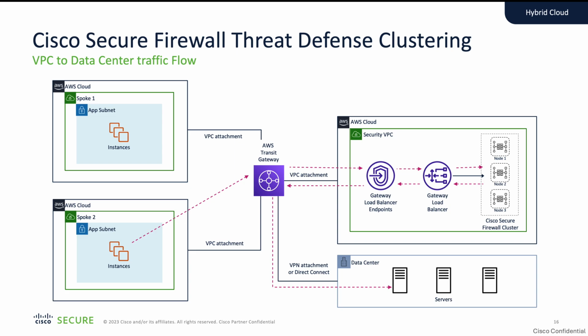Another common use case is securing traffic between AWS VPCs and an on-prem data center. In this setup, we have spoke VPCs and a security VPC in AWS, with the transit gateway connecting these VPCs. The data center connects to AWS either through a VPN attachment or through Direct Connect, right? Based on the route tables, traffic from our VPC flows through the transit gateway to the gateway load balancer endpoint, and to the gateway load balancer, and then to one of the firewall nodes for inspection.